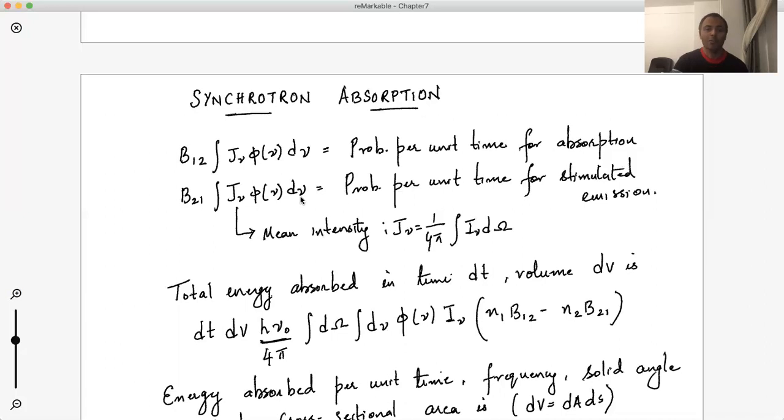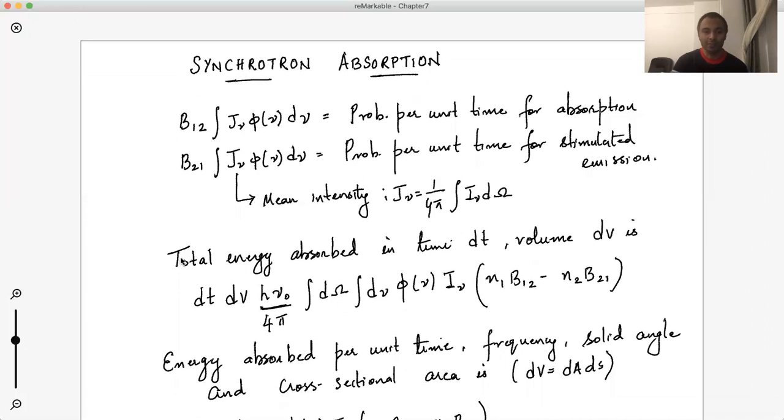Now we can try to cast this in terms of the absorption coefficient itself. Check this statement out.